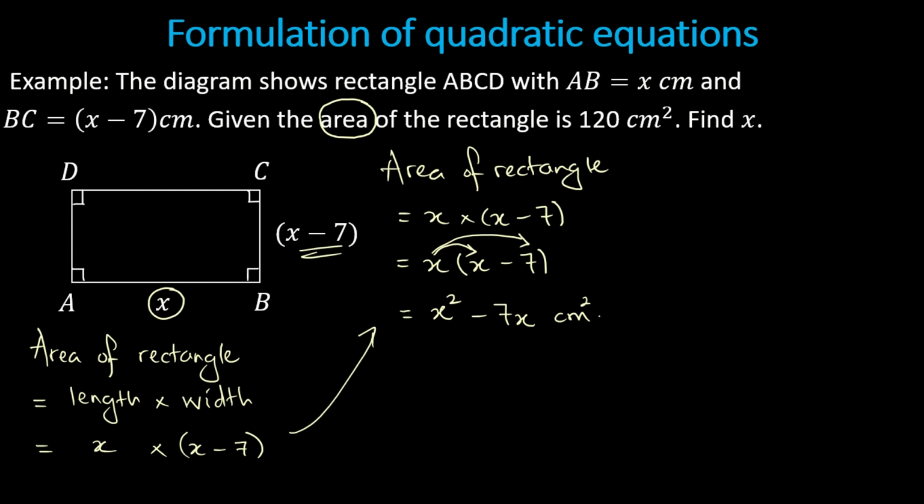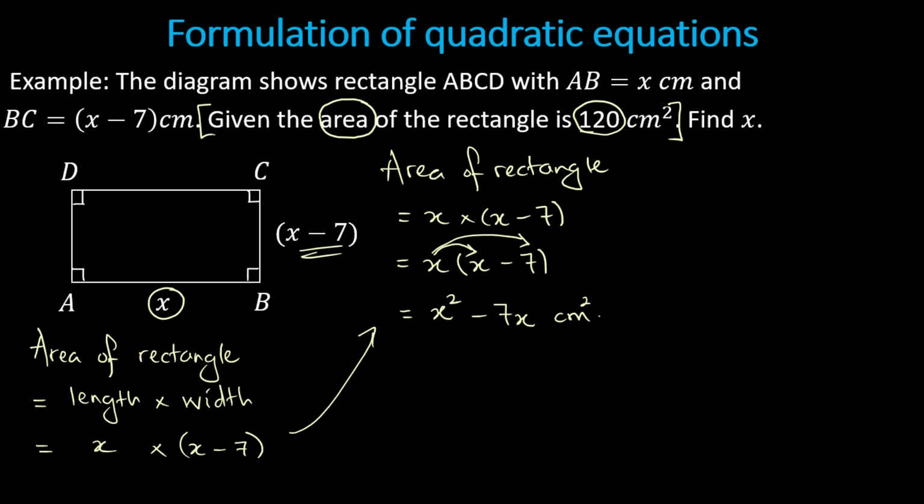Now, if we read the question, this sentence here, given that the area of the rectangle is 120 centimeters squared, the area is 120, and we have obtained the area as x squared minus 7x. So this area of x squared minus 7x must be equal to 120, right?